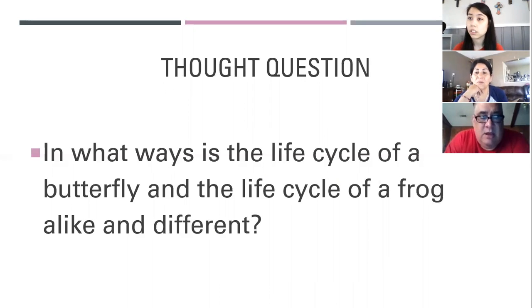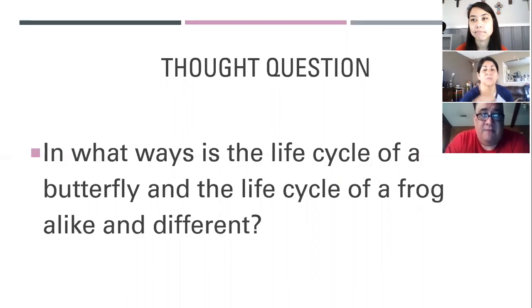The life cycles are alike in that they both go through metamorphic changes, meaning that a frog will go from a tadpole to grow legs and lose its tail to become an adult and have the ability to live out of the water at that point.